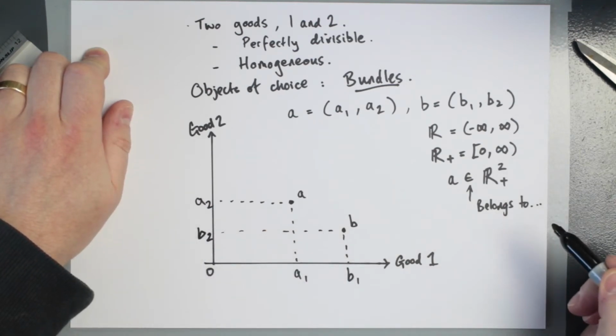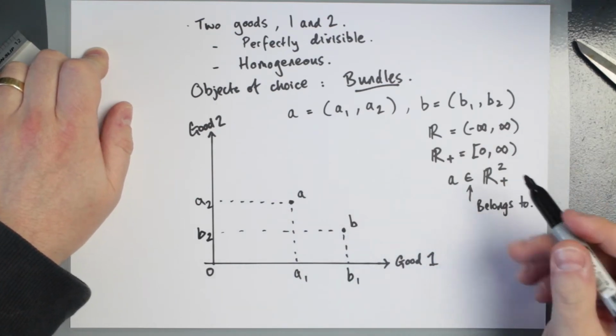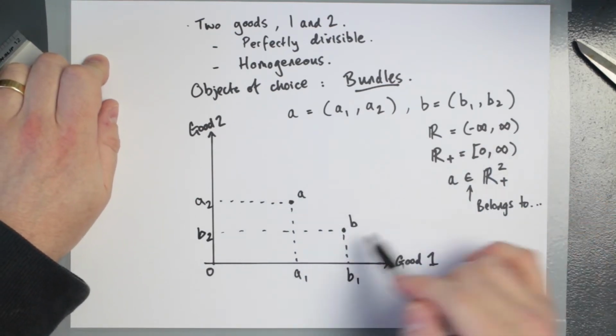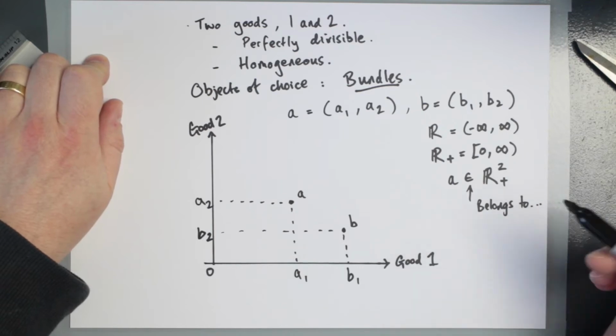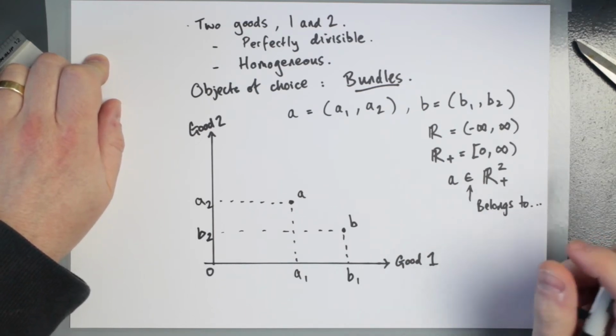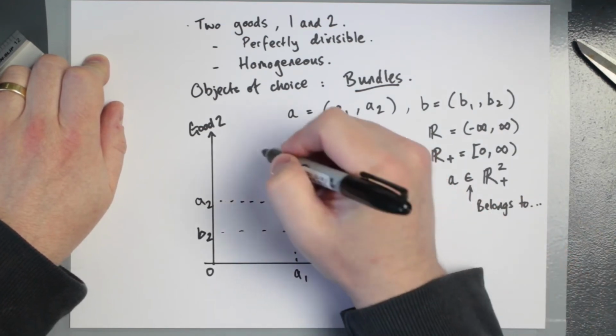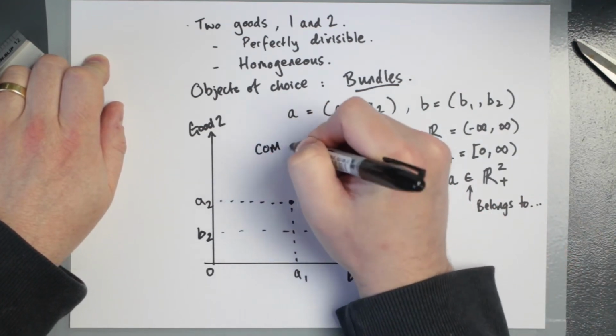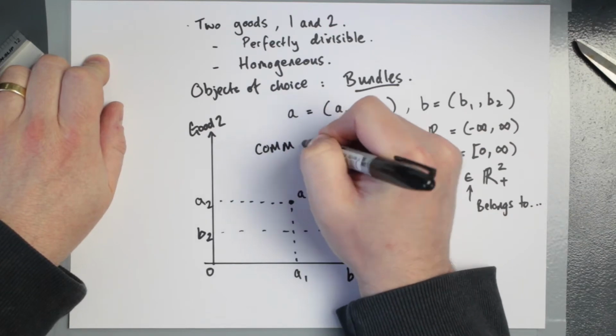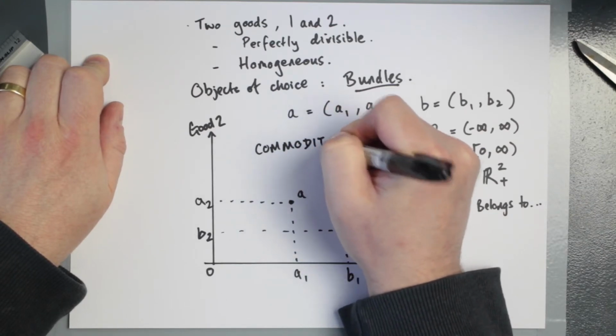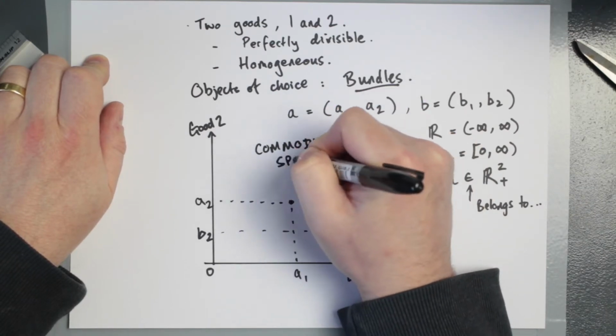So this is the mathematical framework, where we will draw bundles of goods and in some sense represent the consumer's decision making. We call this entire space commodity space.